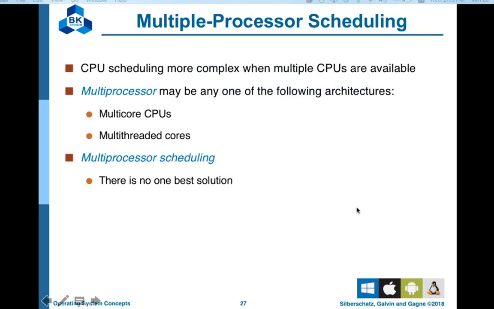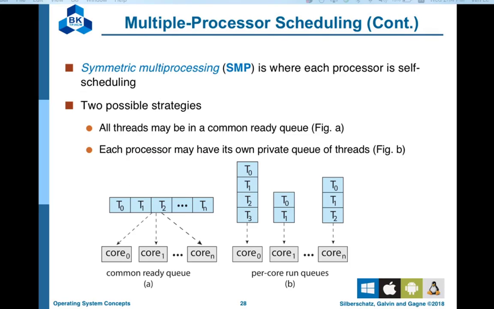Multiprocessor scheduling. When you have a multiprocessor system, you have multi-core CPUs and multi-threaded cores. You can also apply this algorithm in the system. So we have two possible strategies.